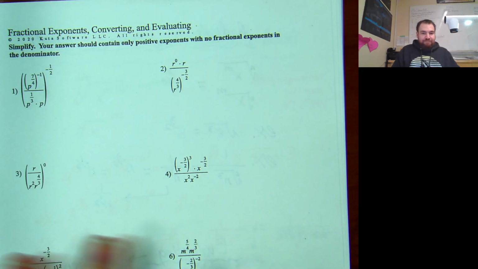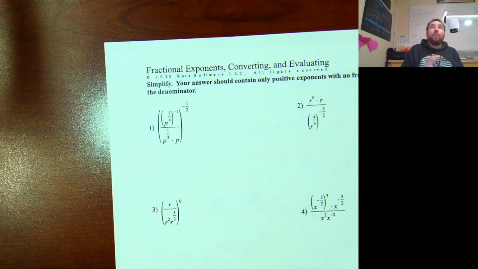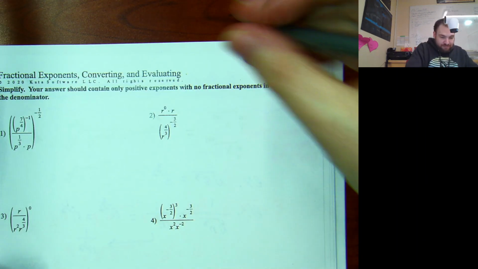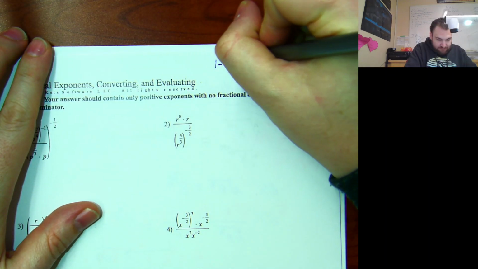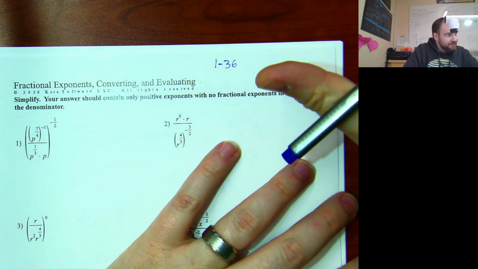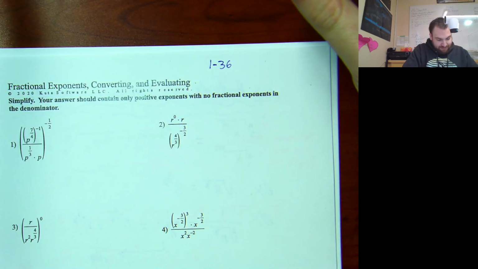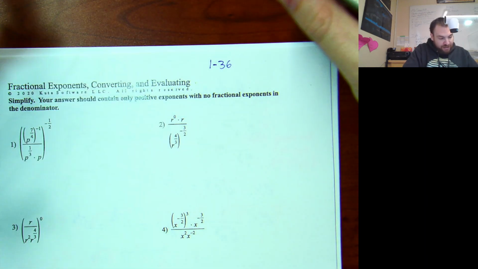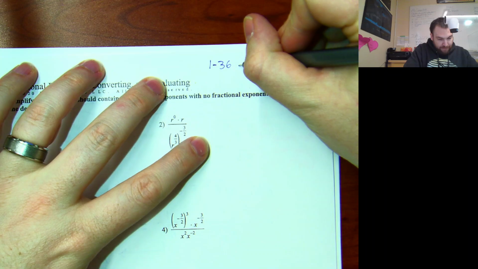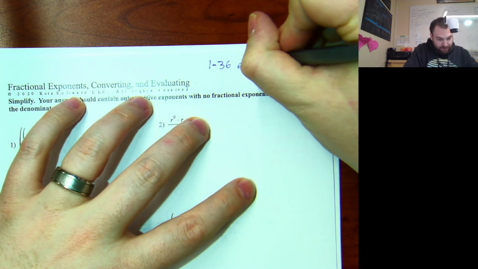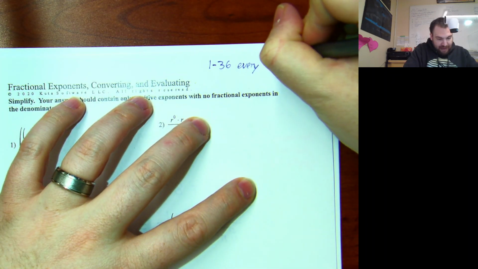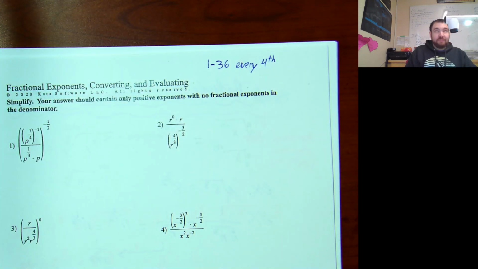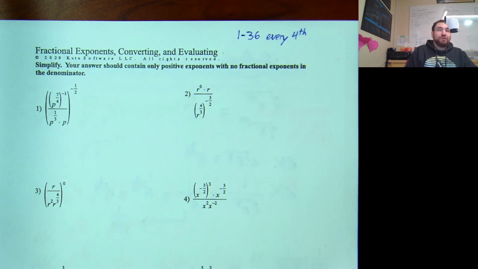Okay, here's what you're going to do. From numbers 1 to 36, I want you to do every fourth one. So you don't do 1, 2, 3, but you can do 4. You don't have to do 5, 6, or 7, but you gotta do 8. You don't do 9, 10, 11, but you gotta do 12.